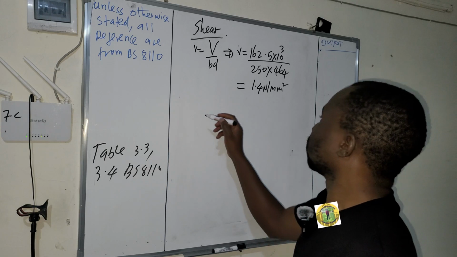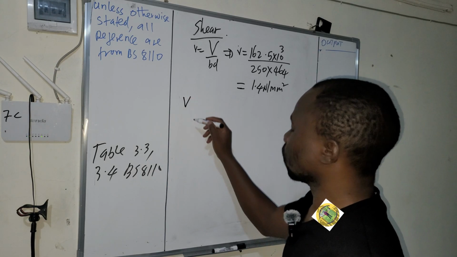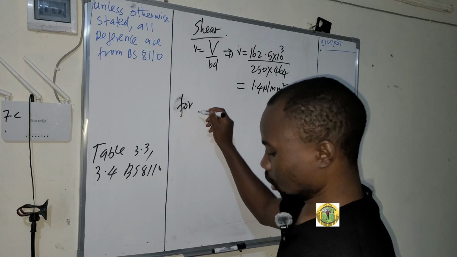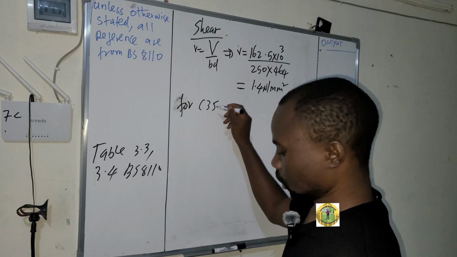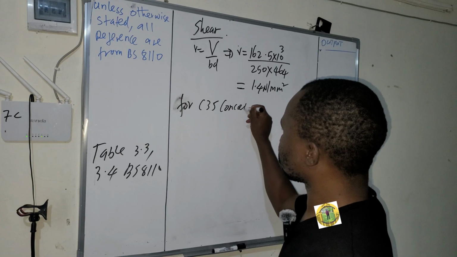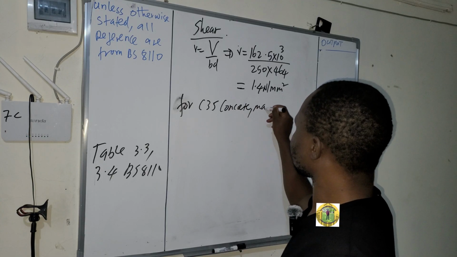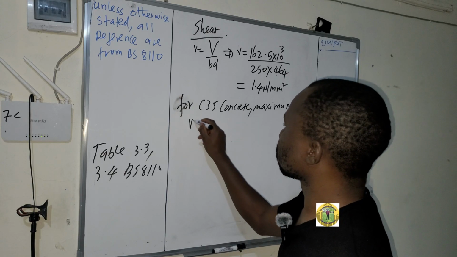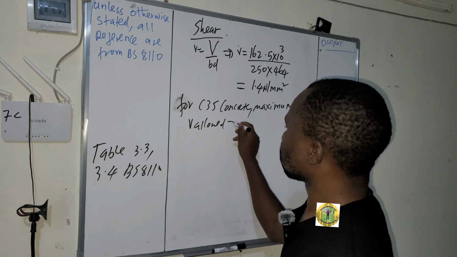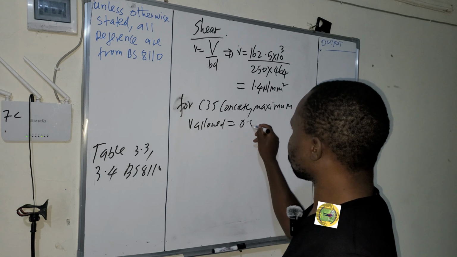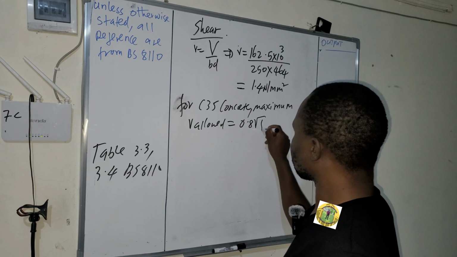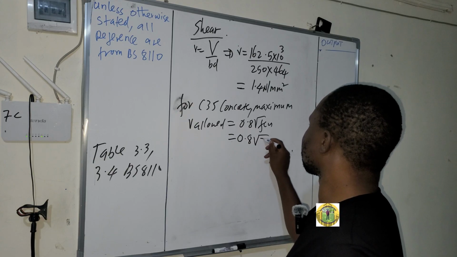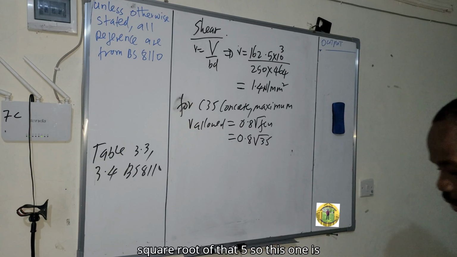So for C35 concrete, the maximum v allowed is equal to 0.8 square root of fcu, which is equal to 0.8 square root of 35.